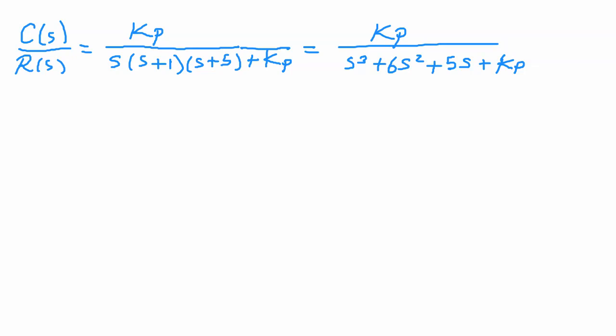Now for the second Ziegler-Nichols method, we are going to obtain the KCR. That is delta, by the way. So apply the Routh-Hurwitz method.